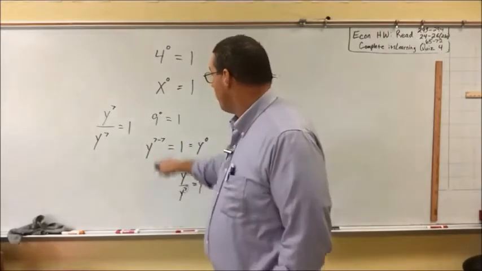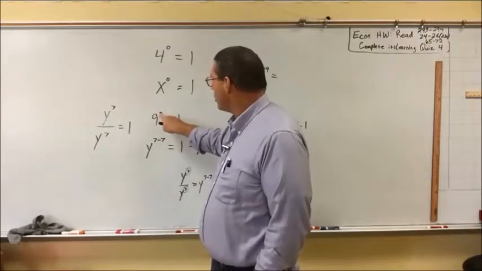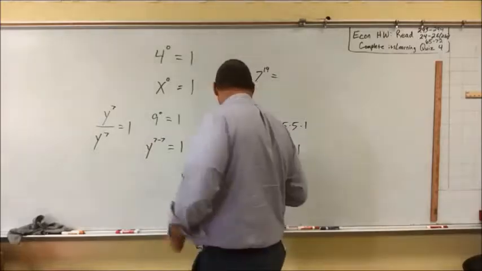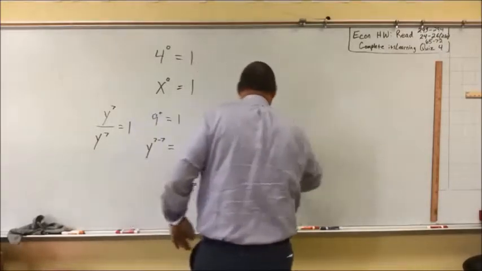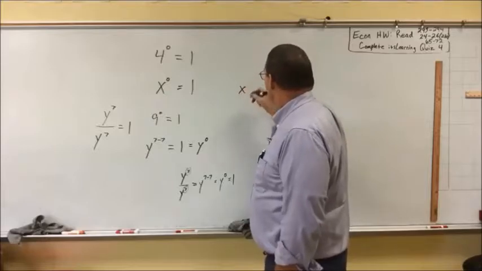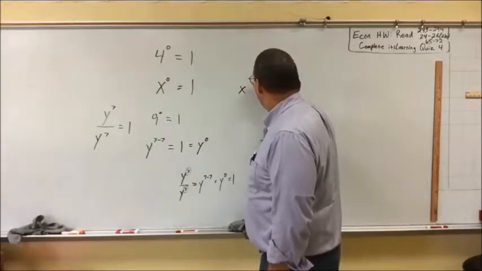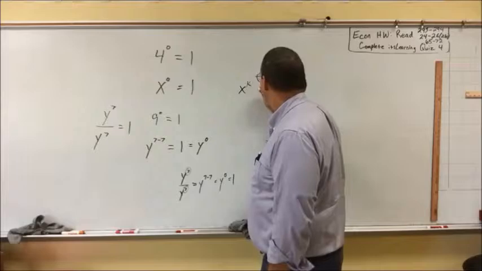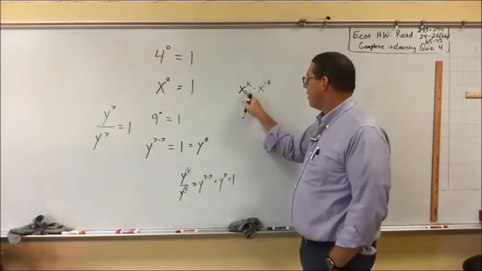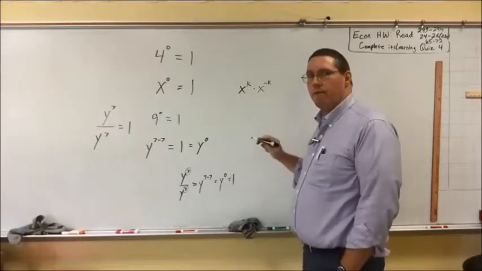So you want to watch out for the problems where it doesn't actually just give you 0, but it gives you something that would give you 0. And I'll show you something like that right now. Let's say that I have x to the power of k times x to the power of negative k.